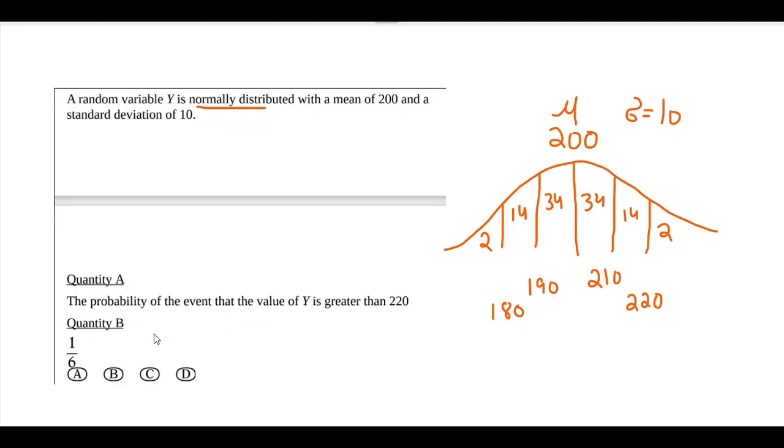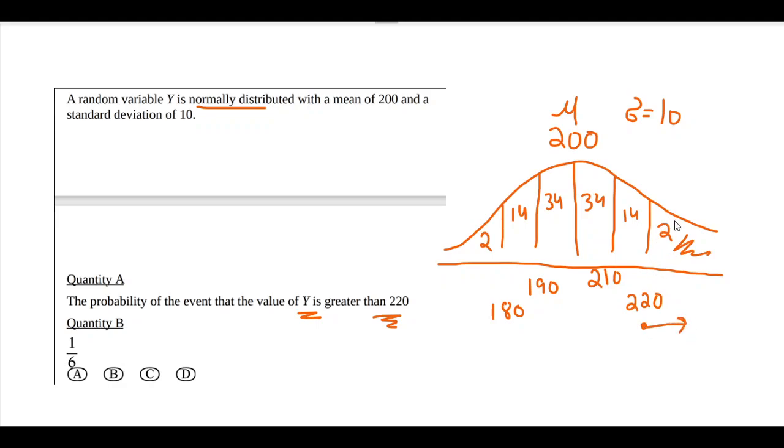The probability of the event that the value of y is greater than 220. So 220. What is the probability if I just draw a line over here? What is the probability that the event is going to be greater than this 220?